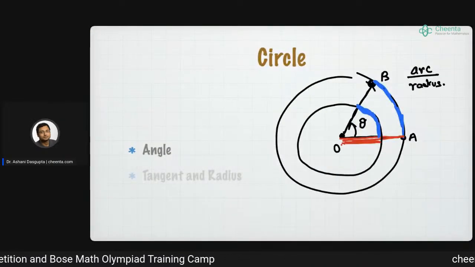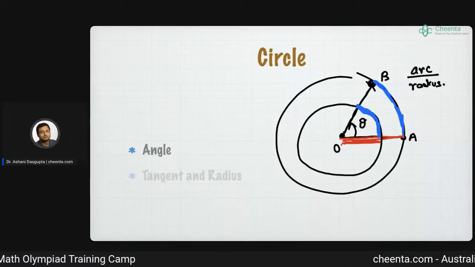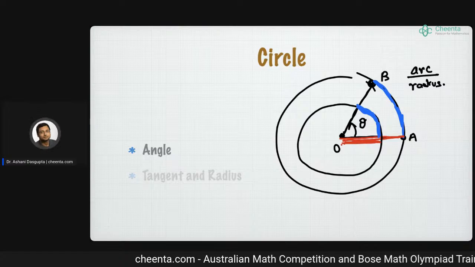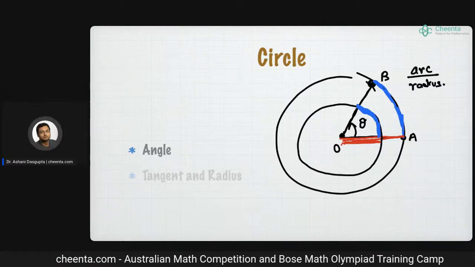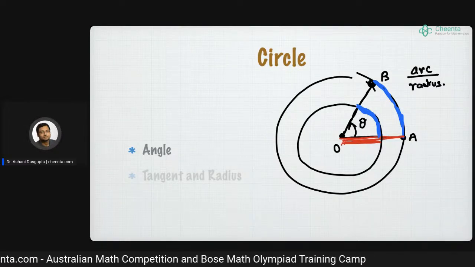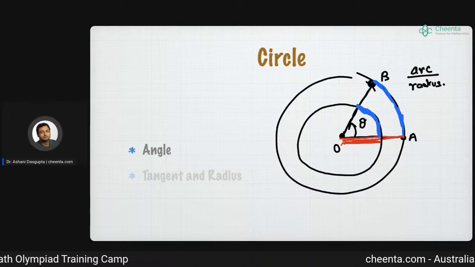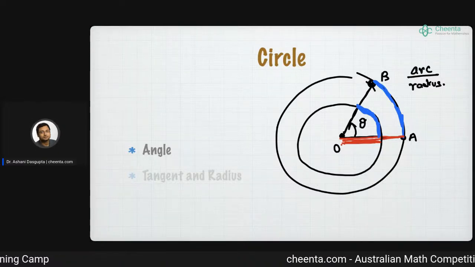Yes, Aryan, you have a question? Yes, sir. I was researching these types of problems, and I came across a term called radian. That radian is related to the radius, and it is said that if angle theta is equal to the arc BA, then it's called a radian.